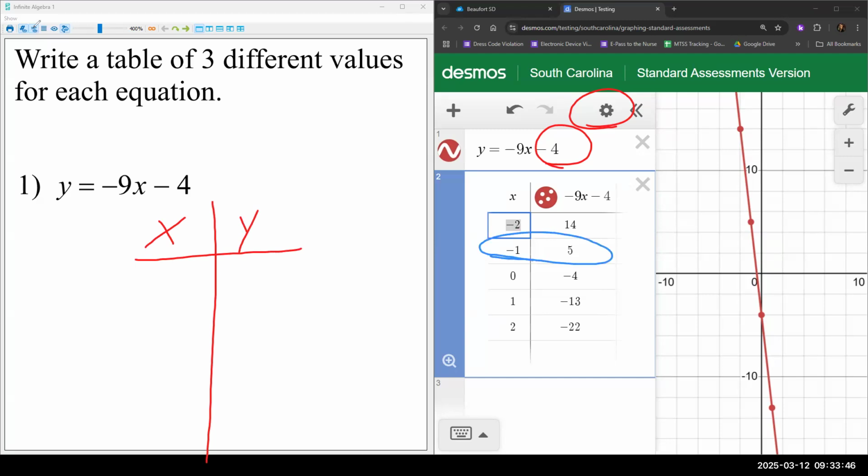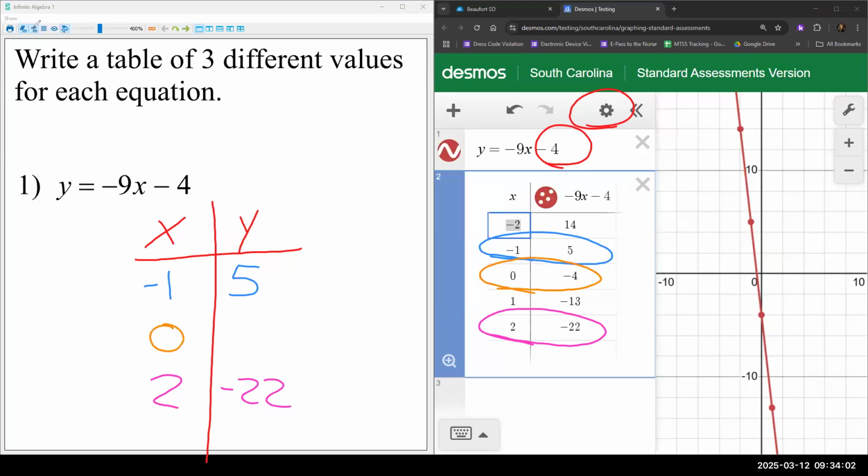That one. -1, 5. There's a coordinate point. There's 1. That's 2, -22. And then I need one more. We'll go with that one right there. 0, -4. Okay. Didn't matter which 3 I pick, just pick 3.